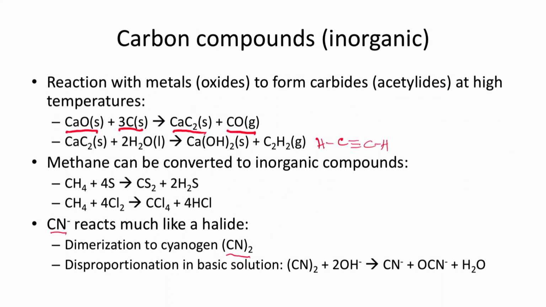And in much the same way that halogens can disproportionate in basic solutions, we did a problem like this with acid-base redox reactions, cyanogen compounds can also disproportionate in basic solutions. So for example, (CN)2 can combine with hydroxide ion to make cyanide and cyanate plus H2O.